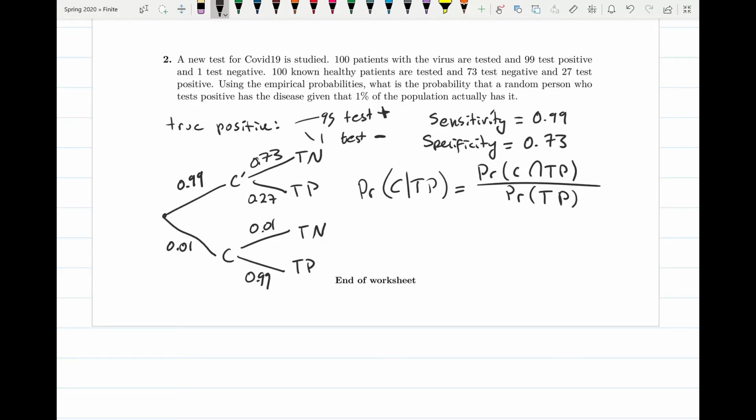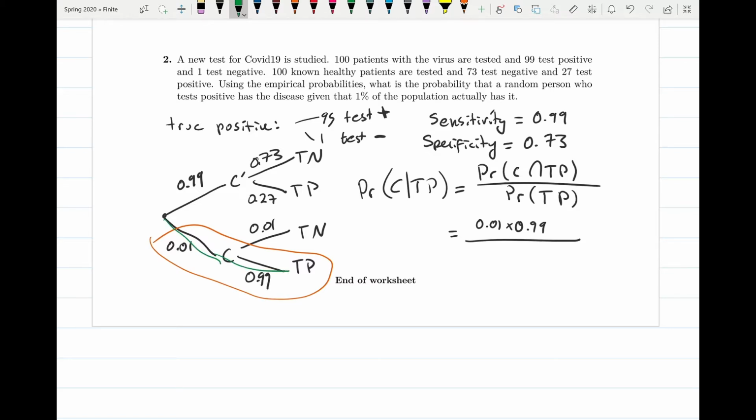This equals, well, there's only one path that's having COVID-19 and testing positive. That's this one here. So this is 0.01 times 0.99 divided by the probability of testing positive. So we have two paths for testing positive. We could take this path or this path.